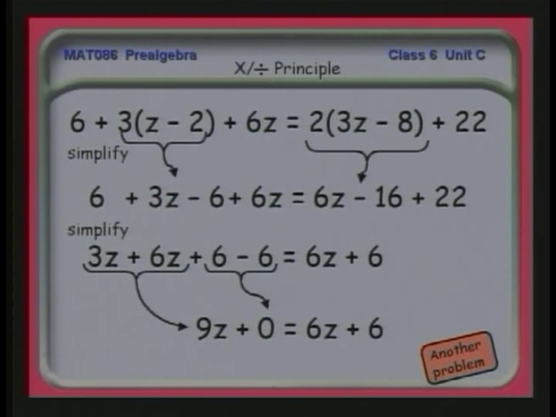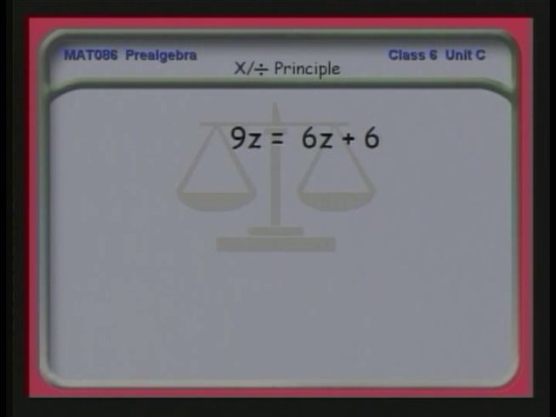So I've simplified the equation from that fairly complex looking thing up on the top to 9z equals 6z plus 6. Now remember, my next strategy is to get z by itself on one side or the other. Let's get all the z's on the left by subtracting 6z from both sides of this equation.